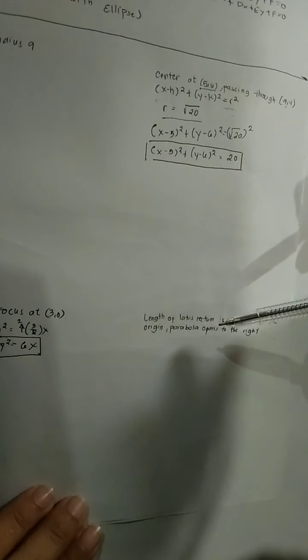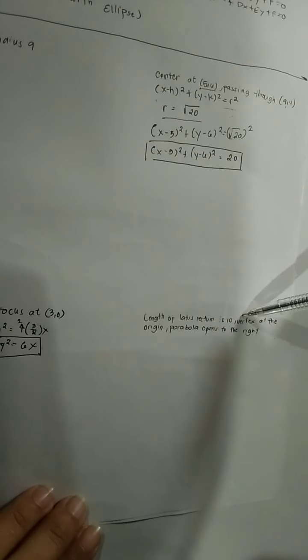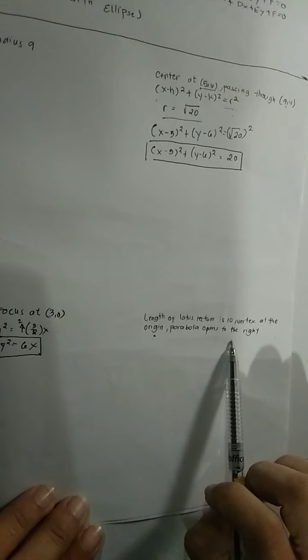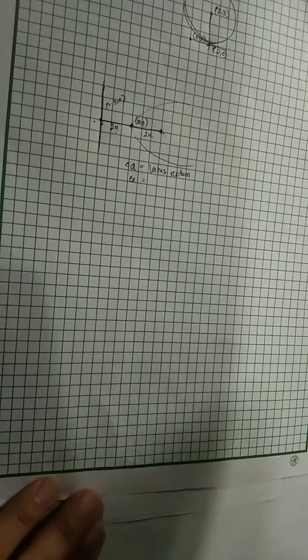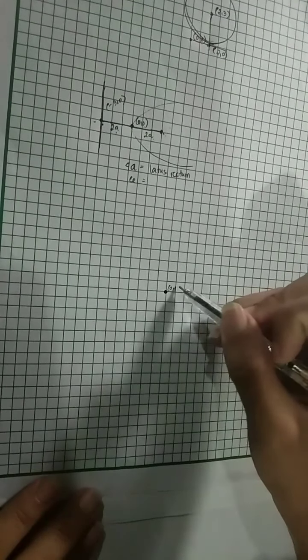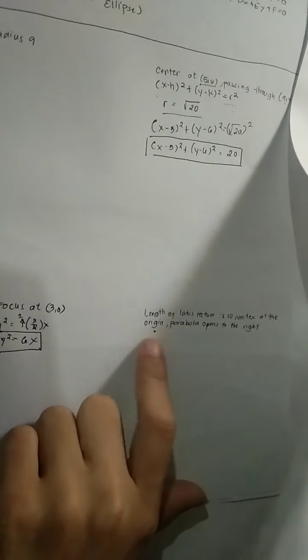The length of the latus rectum is 10 units. Vertex at the origin. Parabola opens to the right. Now let's plot it out in our graphing paper. Let's have this as our vertex, or our origin, which is also our vertex. Yes, vertex is at the origin.